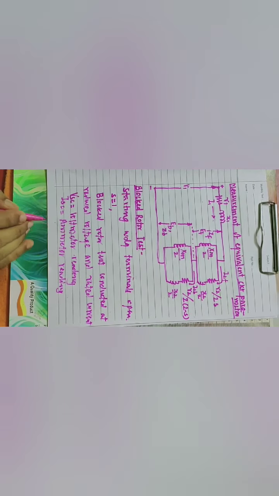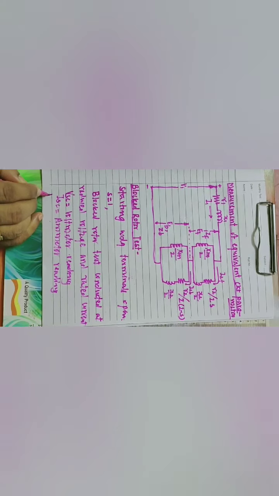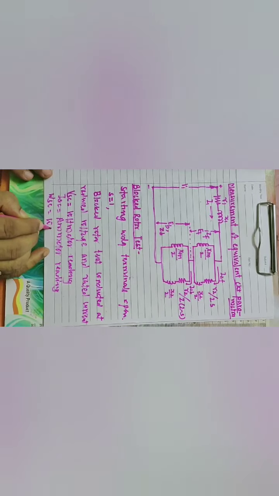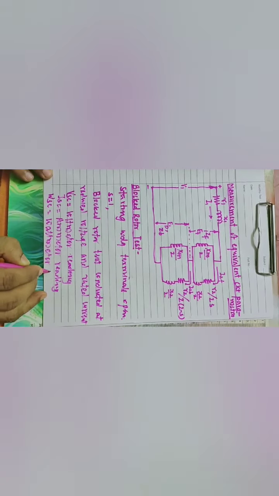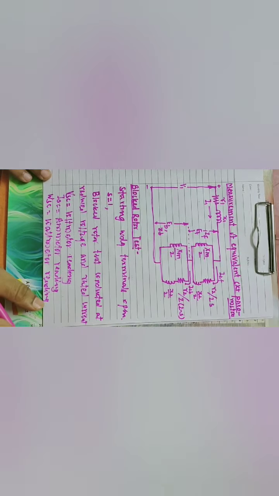So the ammeter reads the rated current of the motor, the full load current of the motor. And WSC is the wattmeter reading.